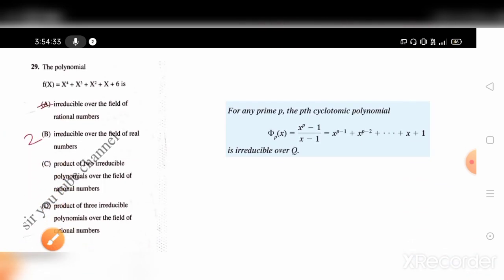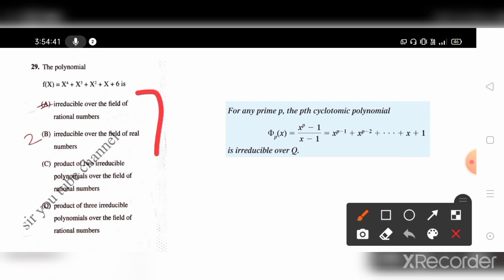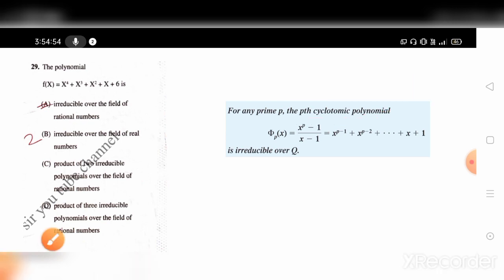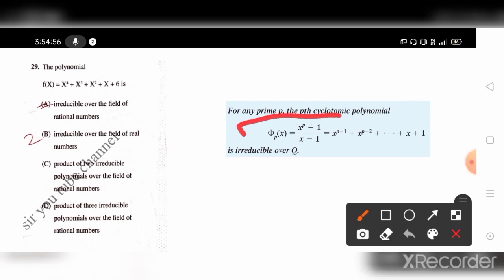Next question. The polynomial f of x equals x raised to 4 plus x cube plus x square plus x plus 6 is. Here 4 options are given, and one formula. For any prime p, the pth cyclotomic polynomial is x raised to p minus 1 upon x minus 1, that is x raised to p minus 1 plus and so on.